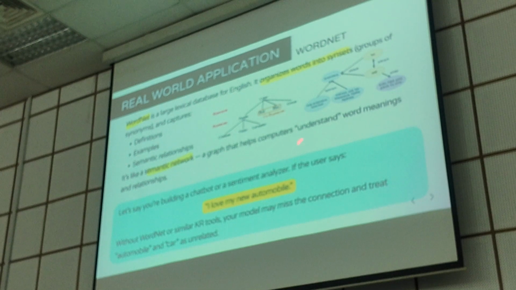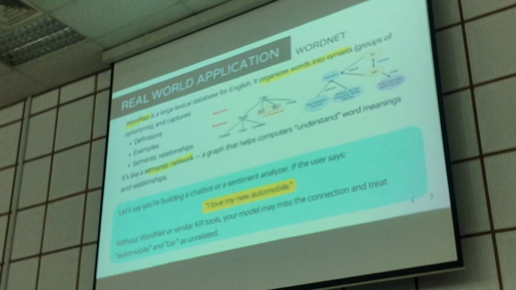The main purpose is just to make sure the machine is trying to understand the word meanings. Because the machine is not like humans. Humans, we learn, we attend a class, we learn from past experience, we learn from mistakes, we read books. But the machine, no. Machine is just like a plain paper, zero. So we try to provide more information as well. One of the well-known techniques is called WordNet.